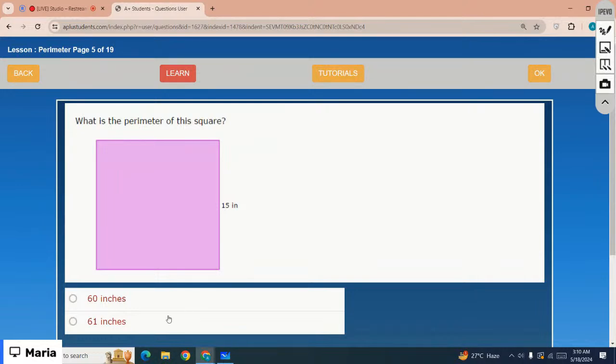The correct option is 60 inches. You need to add up all the side lengths. So a square has all four sides equal in length. So the correct option is 60 inches.